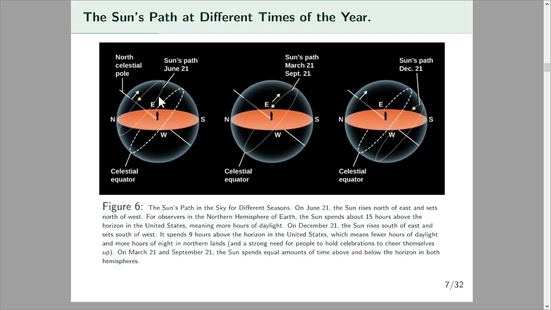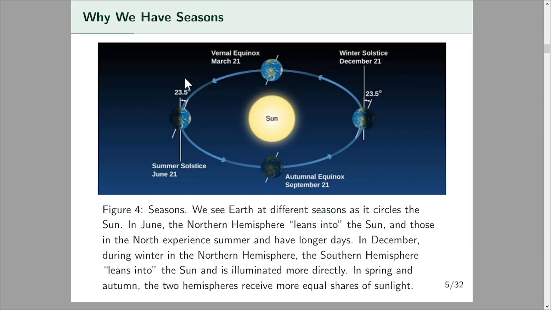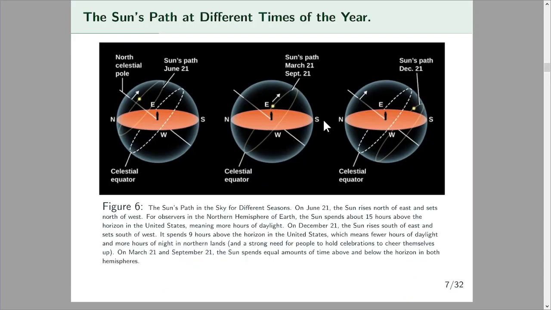So let me just go back a page for a second. No, 2 pages. If you're over here, the sun looks high in the north, whereas if you're over here, the sun is high in the southern hemisphere. I don't know if you can see that very well. We'll come across another picture of that here in a minute.